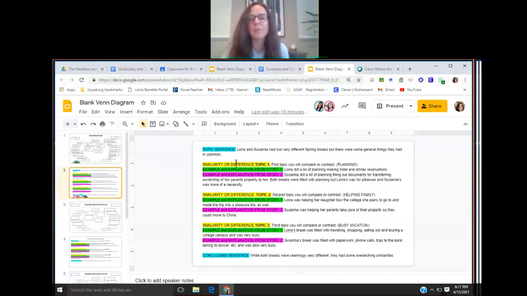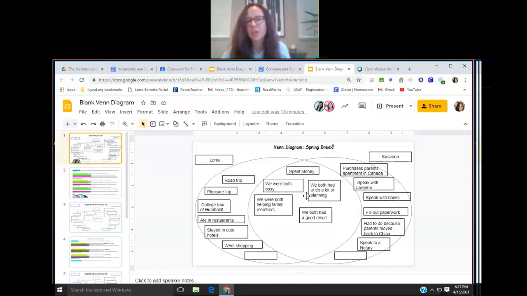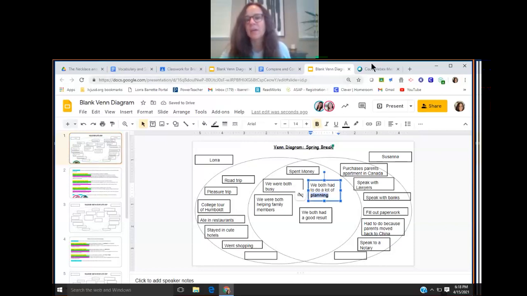And now we have to come up with the first topic. So the topics are going to come from the things that were the same. So planning is our first topic. So if you look on the first page, planning was one of the things. We both had to do a lot of planning. So that's going to be our first topic in the compare and contrast paragraph.